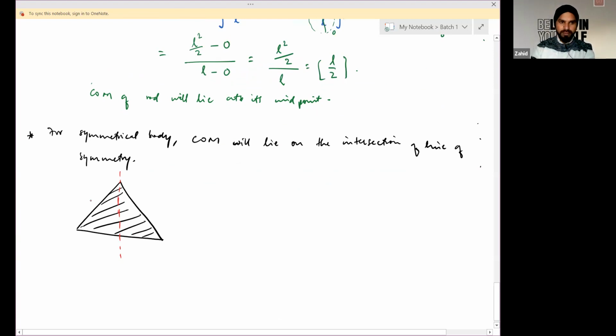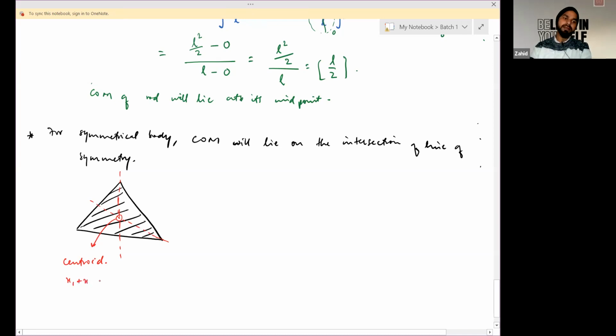Similarly, if you draw a line of symmetry along this vertex, this will also be termed a median. And the point of intersection of the medians is termed the centroid. So you'll say the center of mass of a triangular body will lie at its centroid. Is it clear?